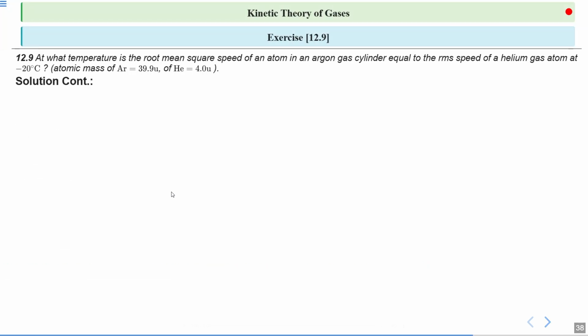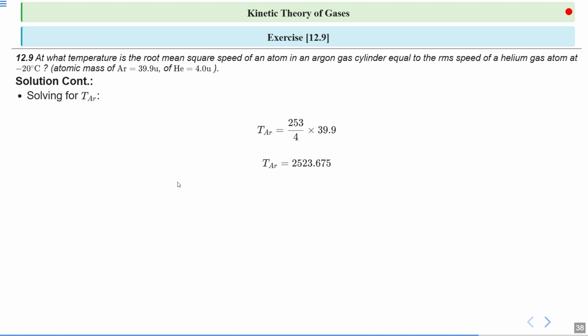Now, solving for the temperature of argon, denoted as T_Ar. Just substitute the values into the equation. We have T_Ar is equal to 253 by 4 into 39.9. Here 253 is the temperature in Kelvin for helium at minus 20 degrees Celsius, and 39.9 is the atomic mass of argon.